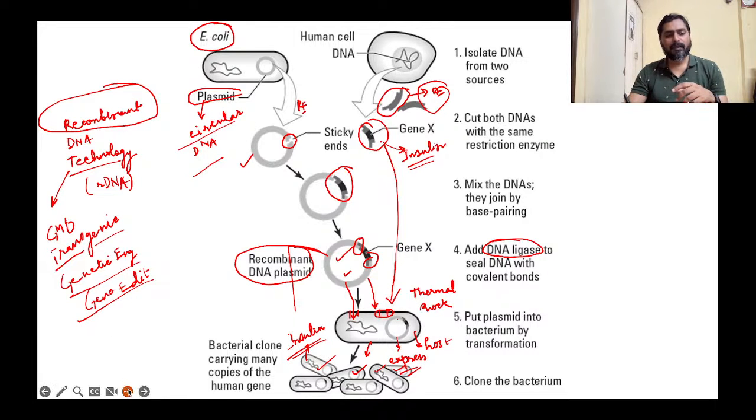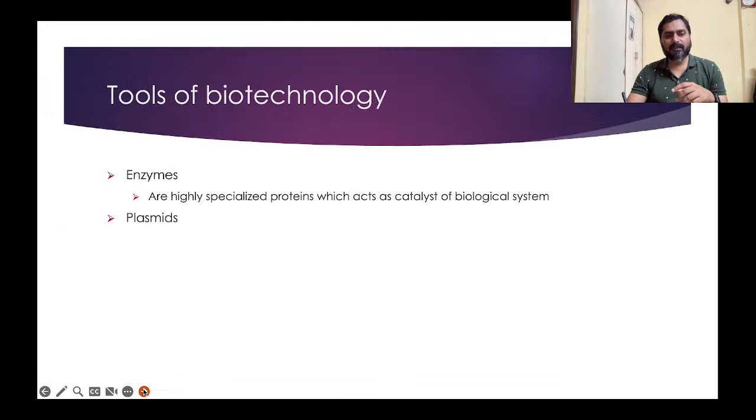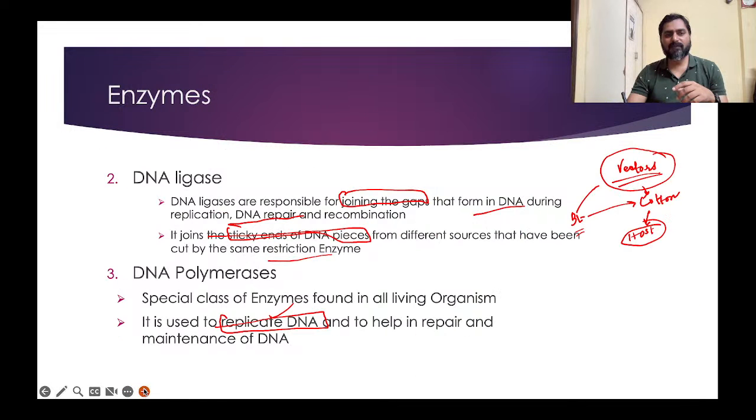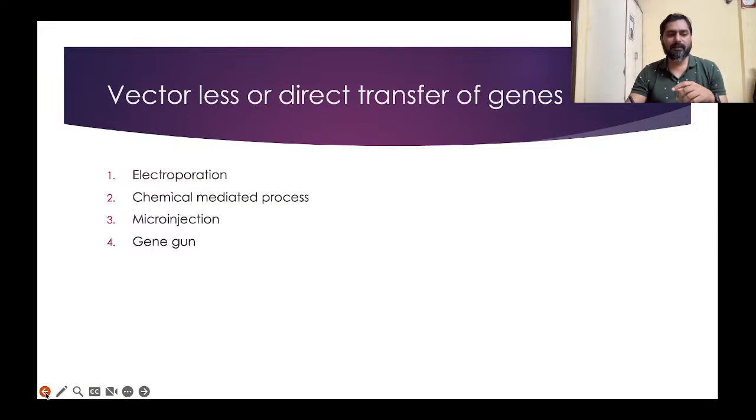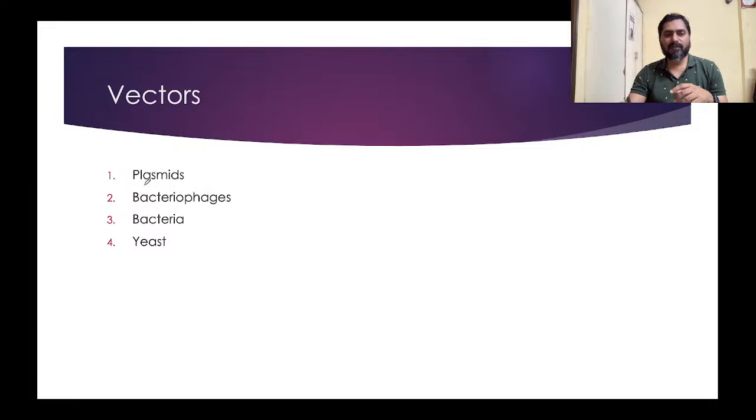So what is this CRISPR-Cas9 then? CRISPR-Cas9 has become very popular nowadays. Okay, coming back to the vectors that you have seen. In the example that you saw, we used a plasmid as a vector, but we can use a virus also as a vector, we can use bacteria also as a vector, we can use yeast also as a vector.